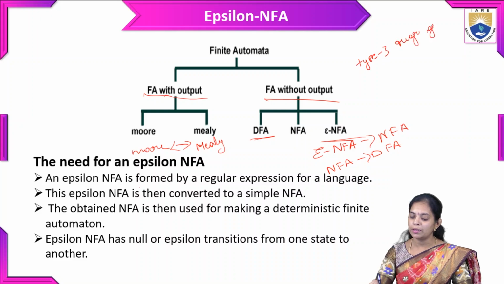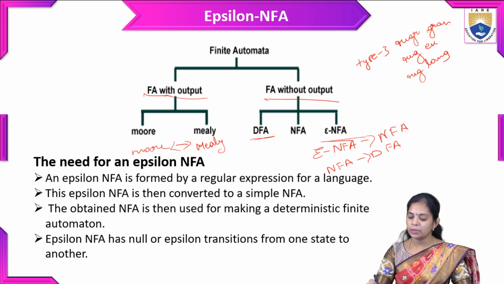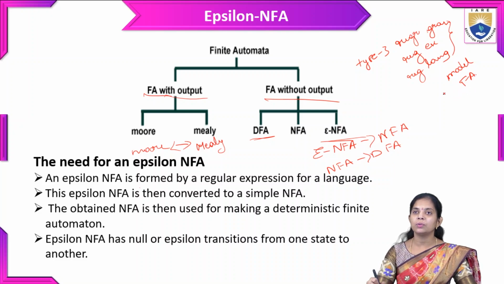With this regular grammar we can construct regular expressions and also form regular languages. With these things we can design or model the finite automata. These are the things we require for the construction of finite automata.